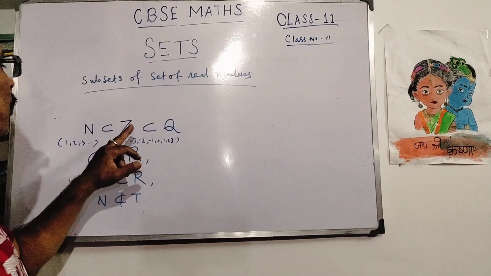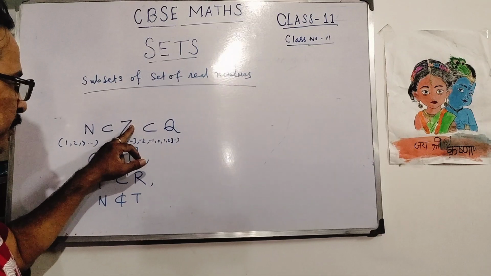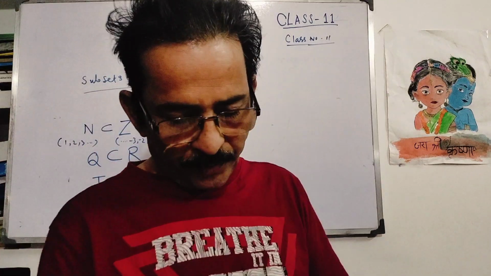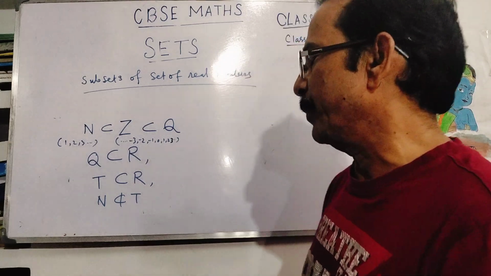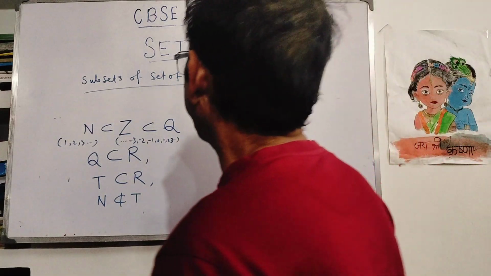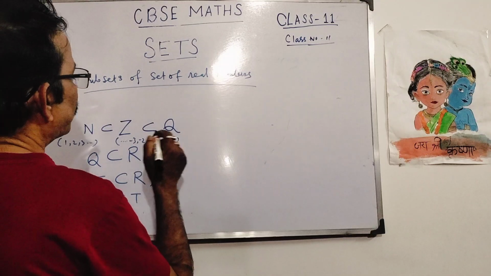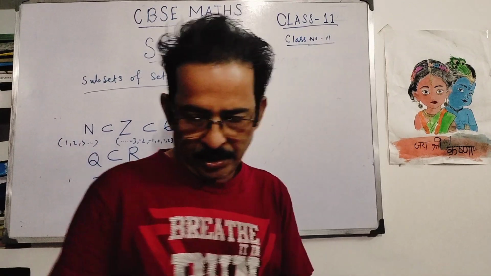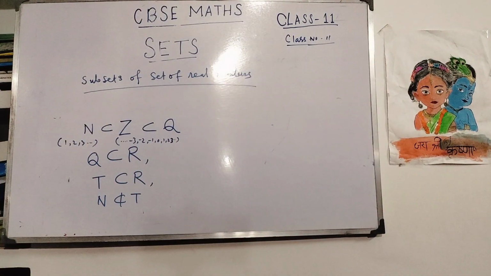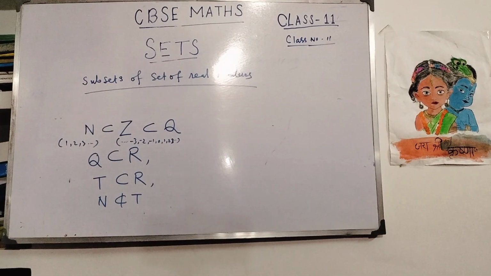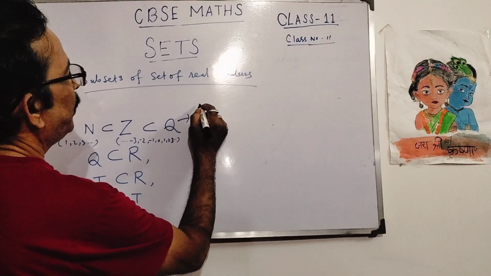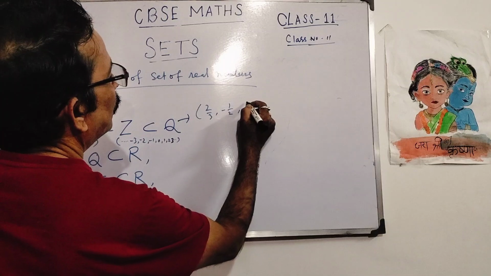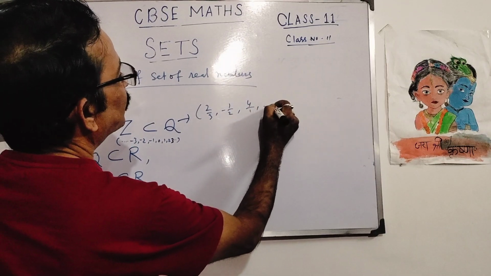And next, the set of integers is also a subset of Q. So what is Q? Q is the set of rational numbers, such as 2 by 3, minus 1 by 2, 4 by 1 and so on.